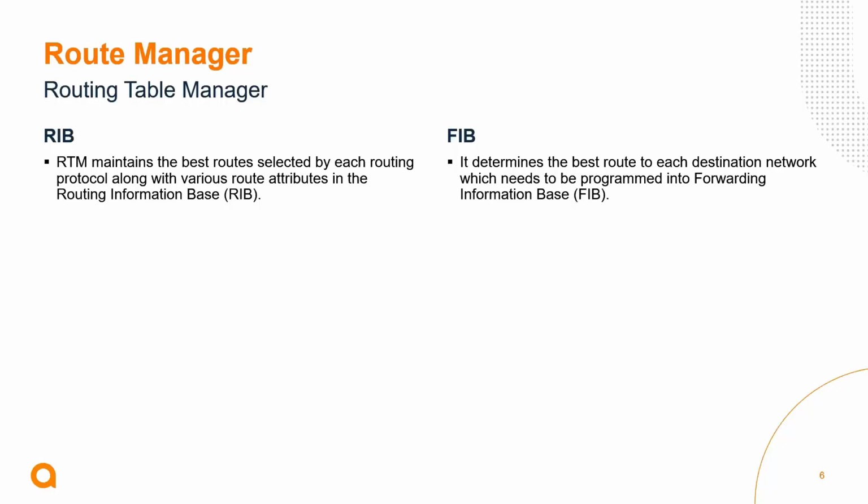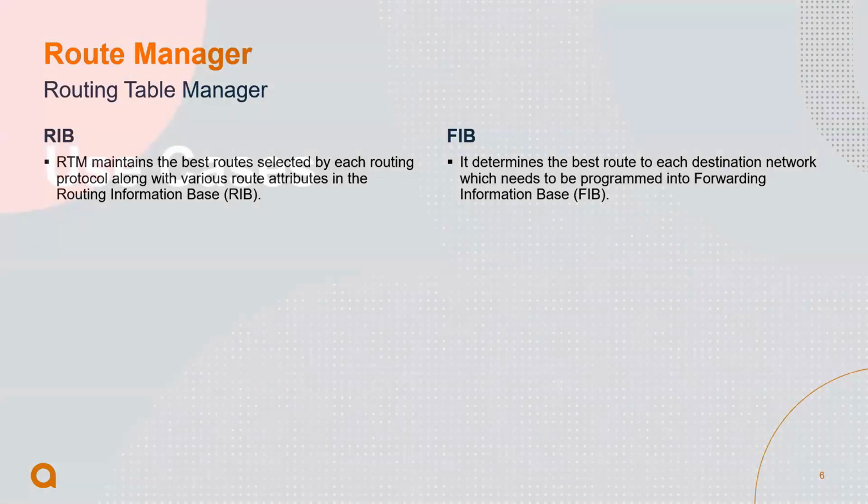That component is also responsible to determine the best route for each destination, so to elect the best route and to program that information into the FIB. And it will program that entry and pass that over through the OSDB to the FIB app daemon that I explained to you.